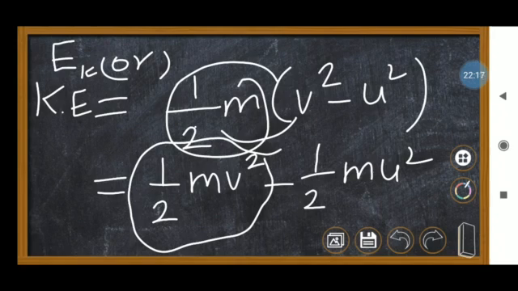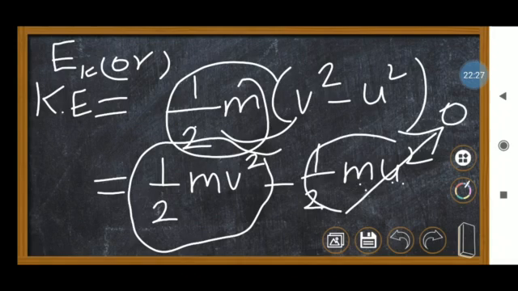Suppose the object is starting from rest. What happens to the initial velocity? The initial velocity is 0, so the entire term with u becomes 0. But when it is moving with uniform acceleration, I got half m v square minus half m u square.